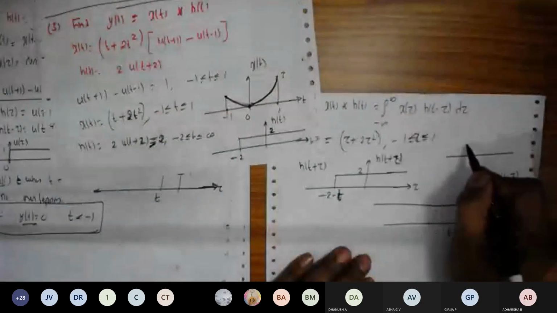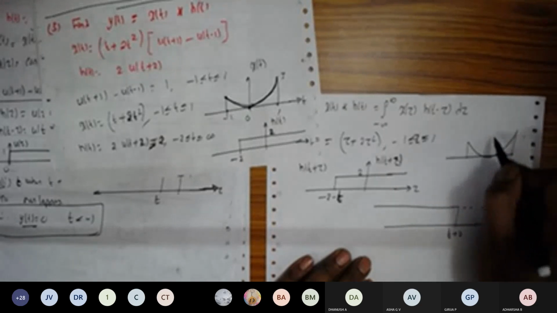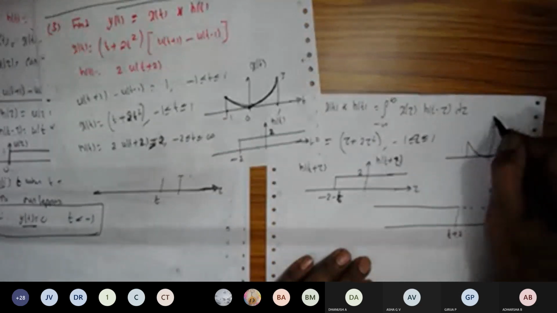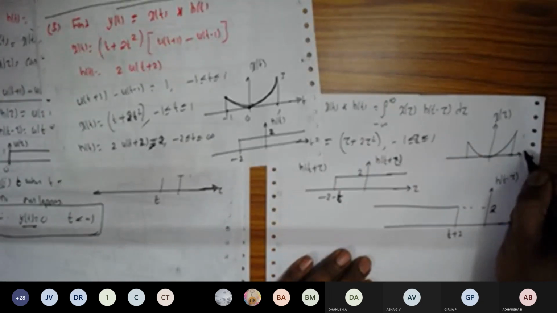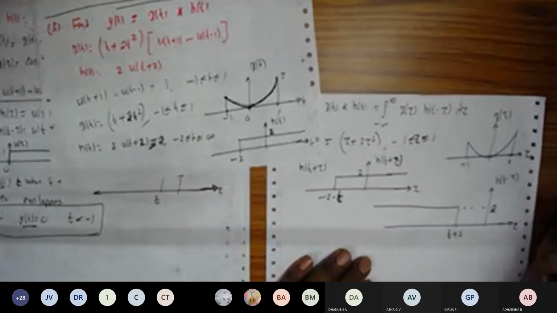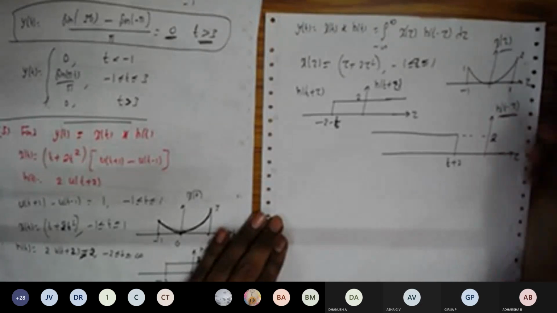And we have the waveform for x of tau, from -1 up to 1, with peak value 3. This is h of t minus tau, and this is x of tau.